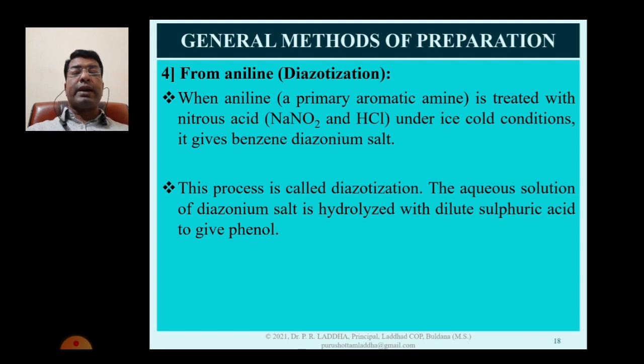Aqueous solution of that diazonium salt is hydrolyzed in the second step. So it is a coupling reaction of that diazonium salt, second step, and that will give us different intermediates. Here the diazonium salt is coupled with dilute sulfuric acid and gives us phenol.